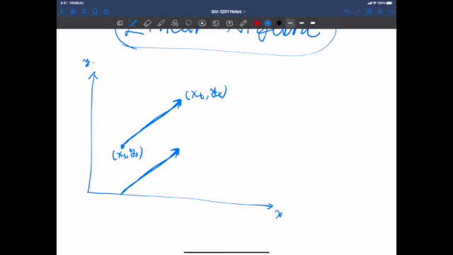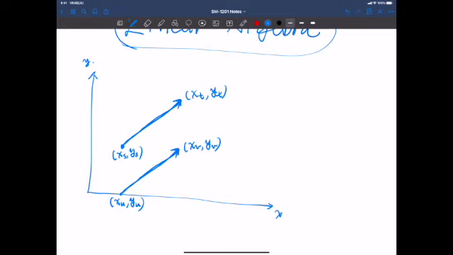And suppose we have another vector, another arrow, which has the coordinate xu, yu at its source, and xv, yv at its target. So we introduce a relation between two arrows. Okay. So this is how we do it.